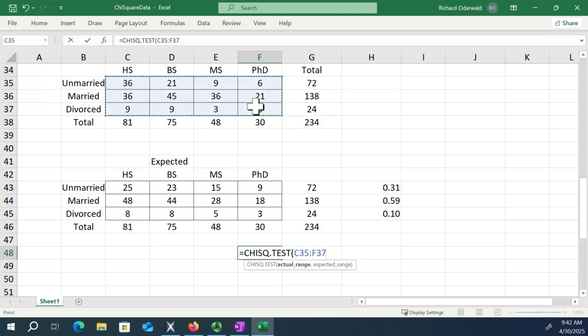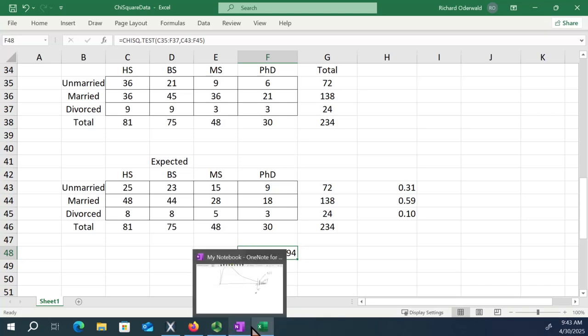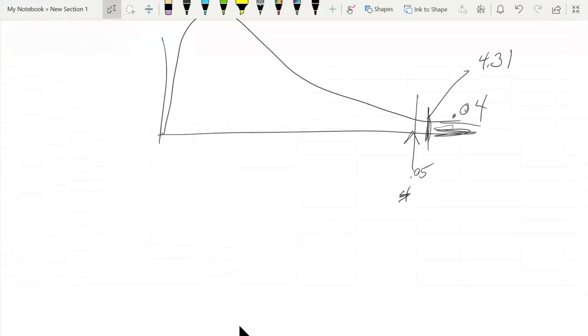Just mark all those, comma, expected, and there I have the area in the tail is 0.019.